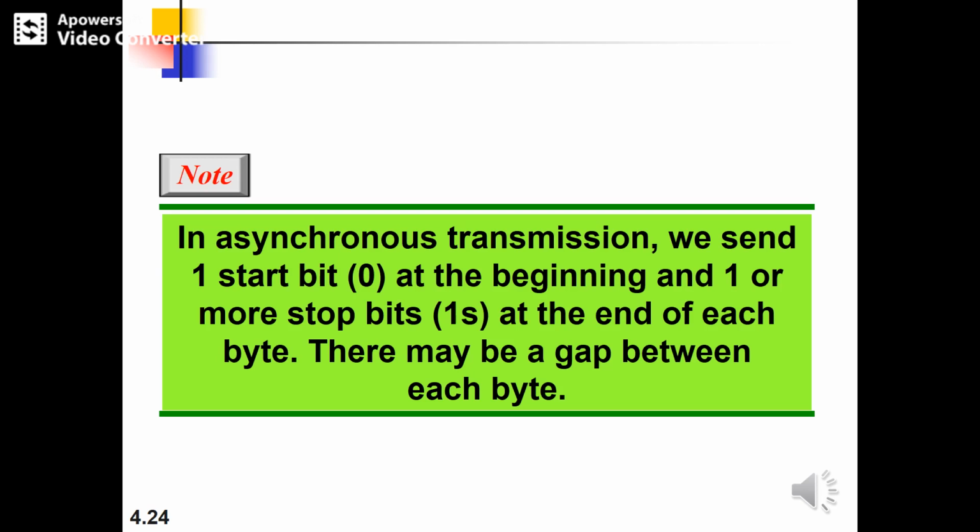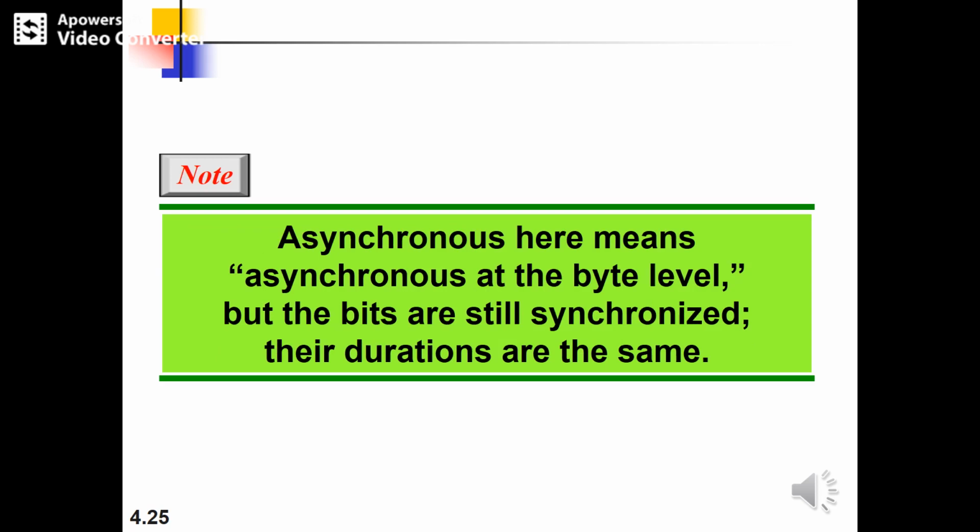So I'll append one 0 bit as well as either a single 1 bit or more than one 1 bits at the finishing end of each and every piece of information. Asynchronous here means asynchronous at the byte level, but the bits are still synchronized.